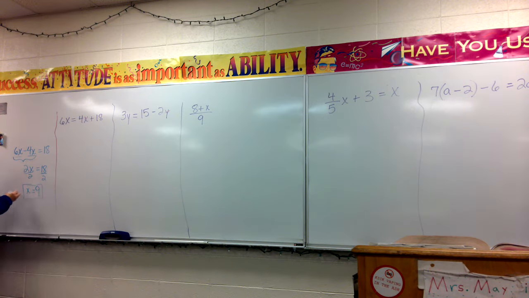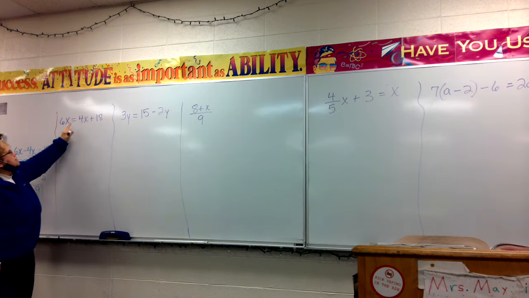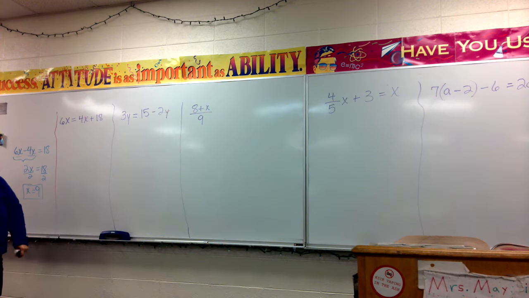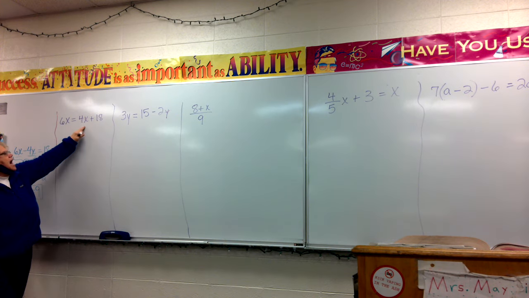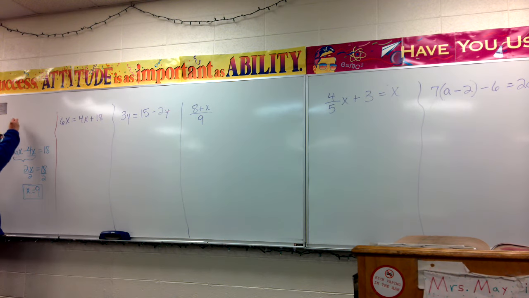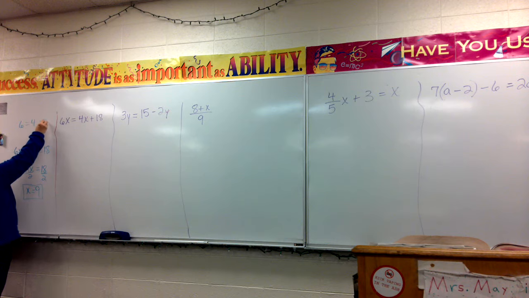Well, today's section, it says you're going to have, instead of variables on the same side, variables on both sides of the equation. Variables that are on opposite sides. And remember, what do you have to do if it was 6 equals 4 plus 3x?